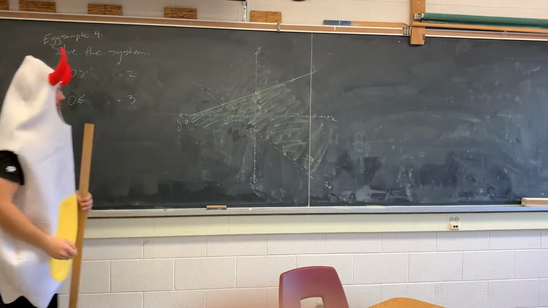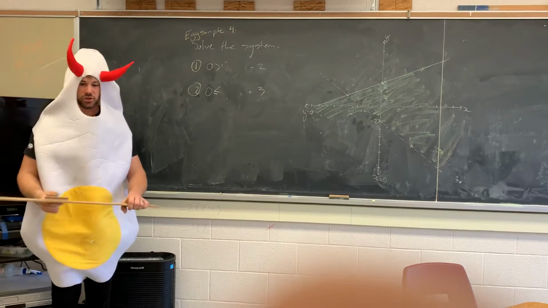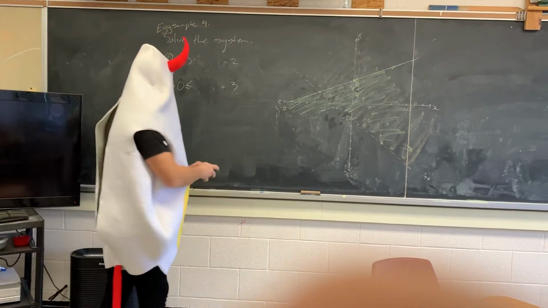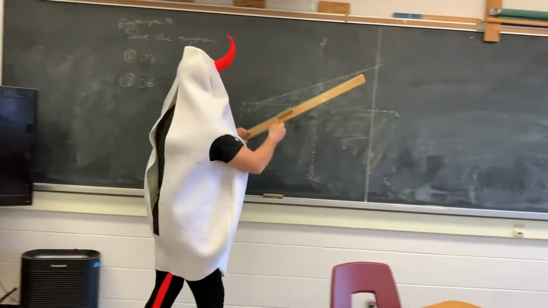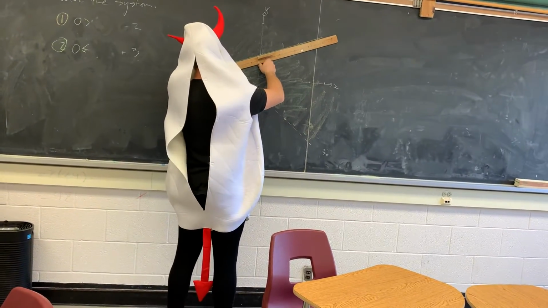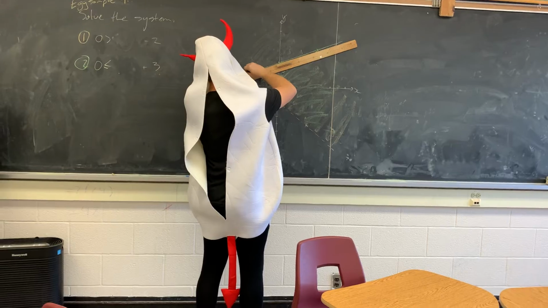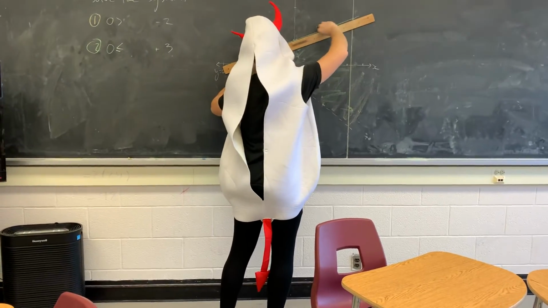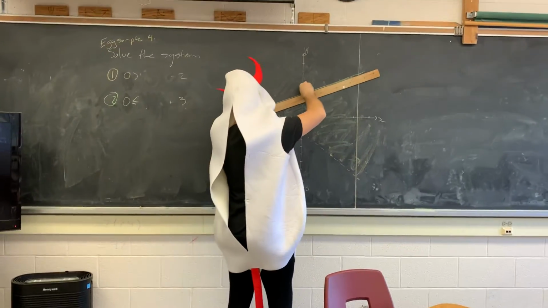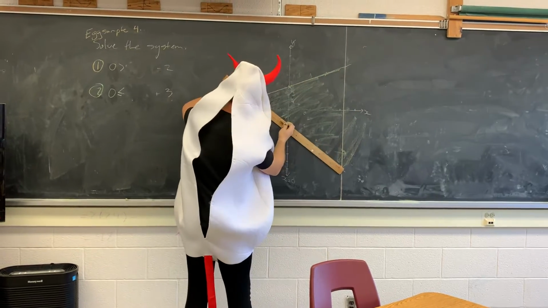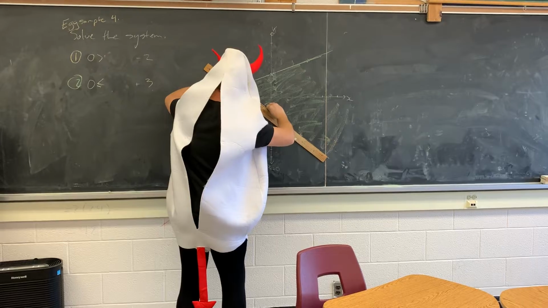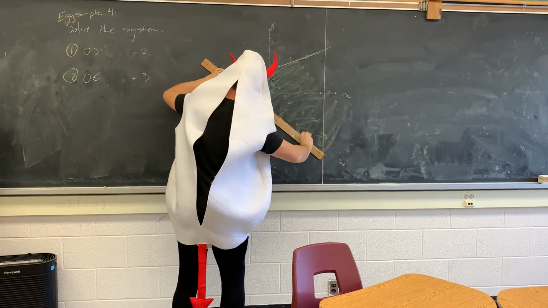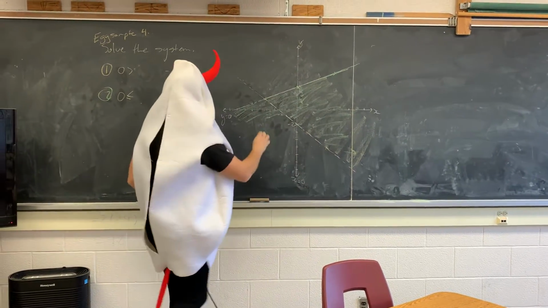And what I should be able to see is that I have one region that's been shaded in twice. So I'll highlight it in yellow. Oh, better grab my ruler. So that region that's shaded twice is bound by this solid line from equation 2, and it's bound by this dotted line from equation 1, and it's anything contained between the two of them.